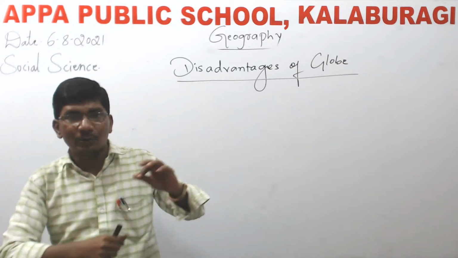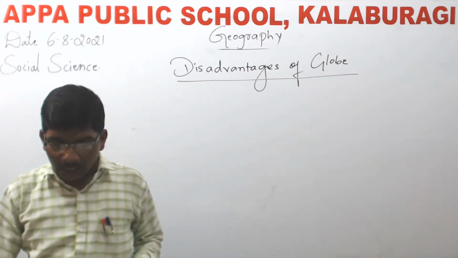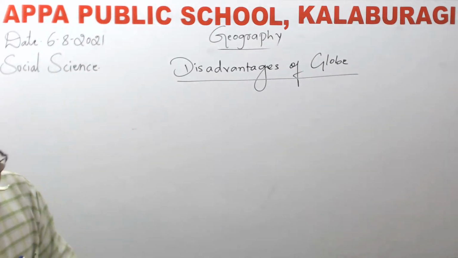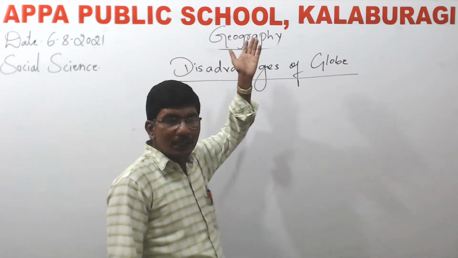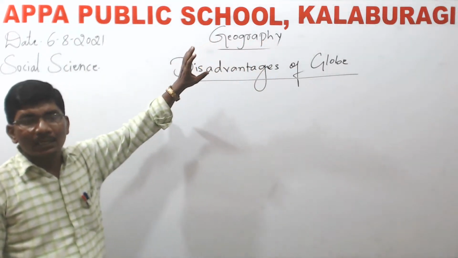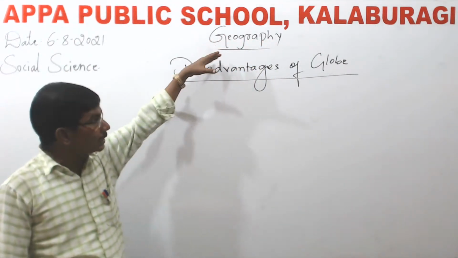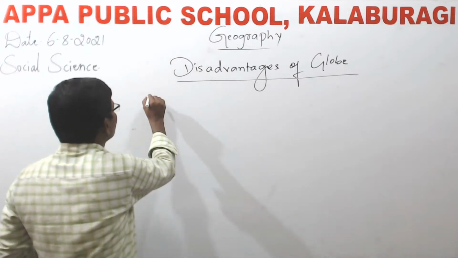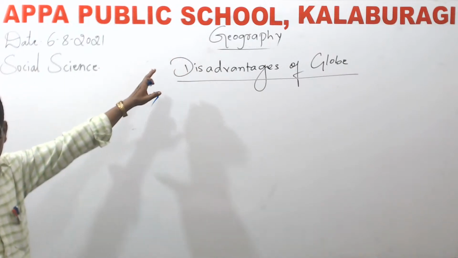Everything has advantages and disadvantages. Like that, even the globe has advantages and disadvantages. We have already discussed the advantages. Now we are going to discuss the disadvantages. What are these?